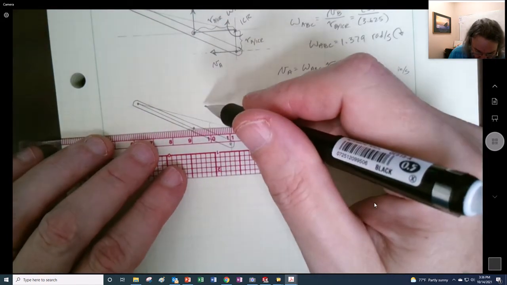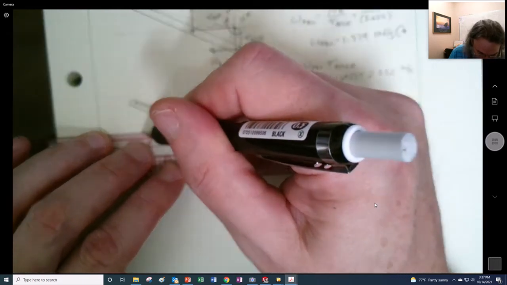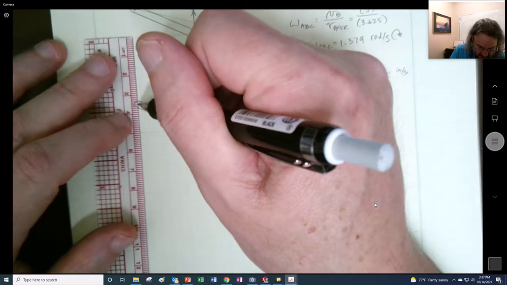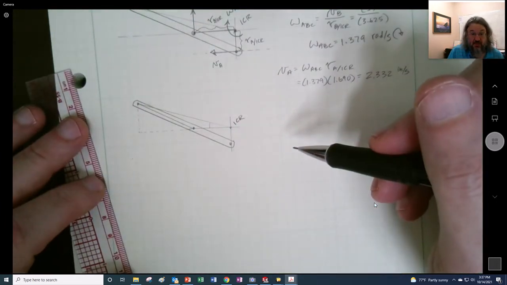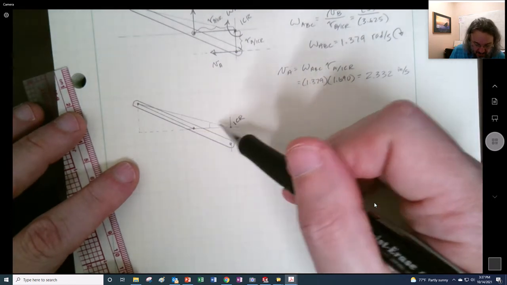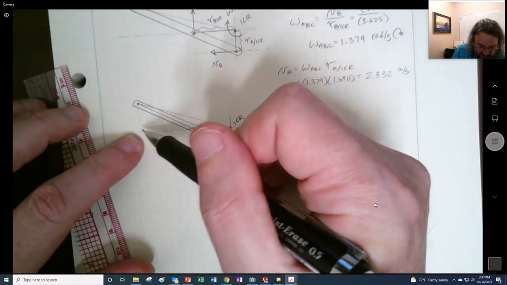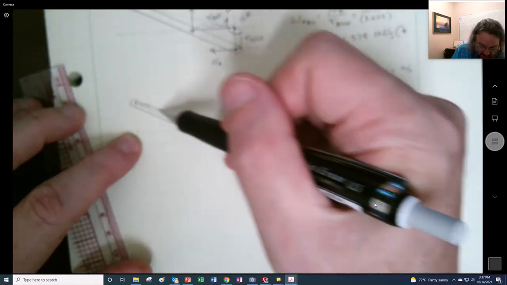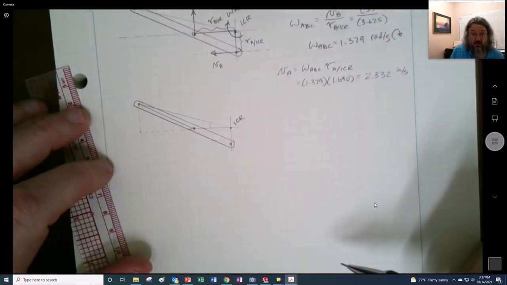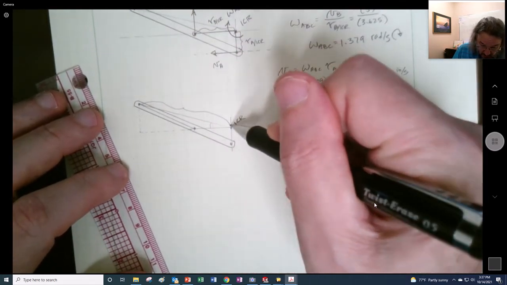So the way that I would go about doing it right here is to extend this line right here and extend this line right down there, okay? And I know this distance right here. I'm going to be able to find this distance, and I'm going to be able to find this distance. So I have this bigger triangle right there that I can find, because I really want this distance right there.